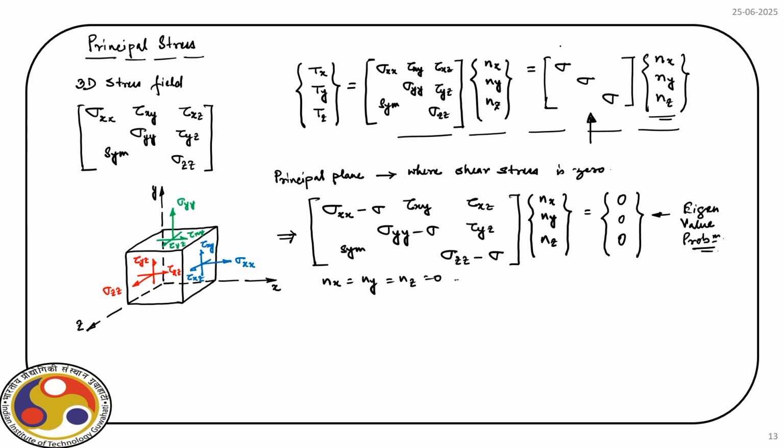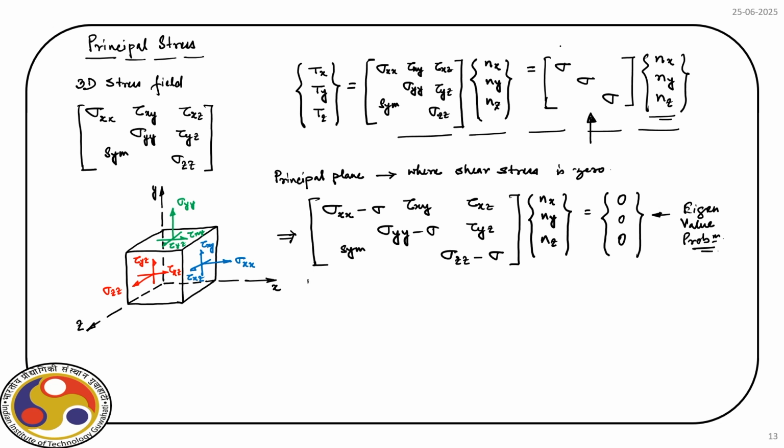But that is a trivial solution that we are not looking at. So, this is a trivial solution, and obviously, we are not looking at this solution, right. So, we are looking at the plane where nx, ny, nz are not equal to 0.